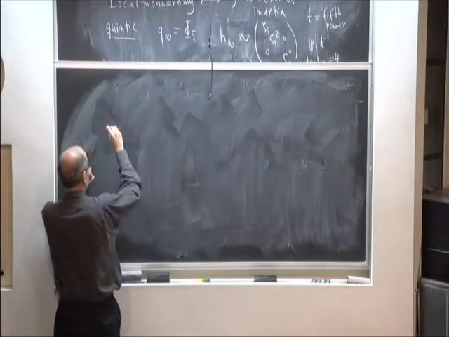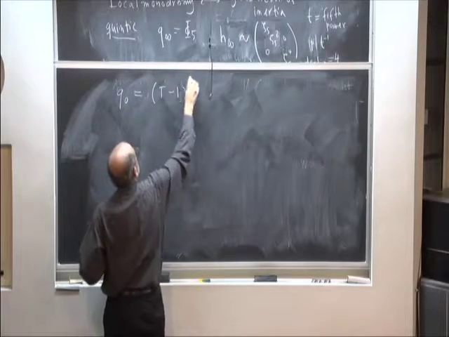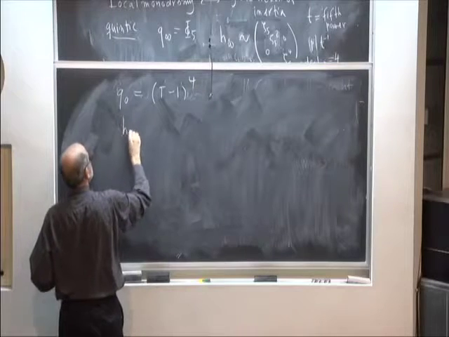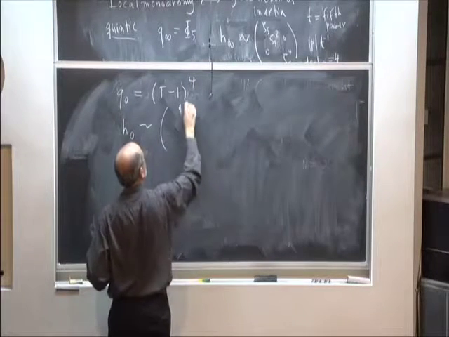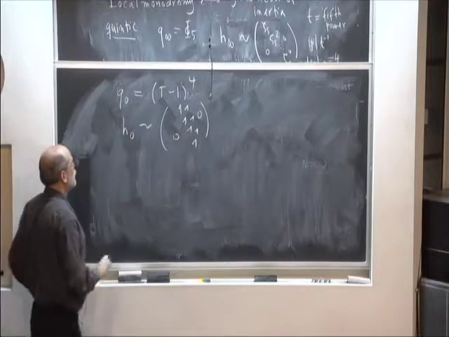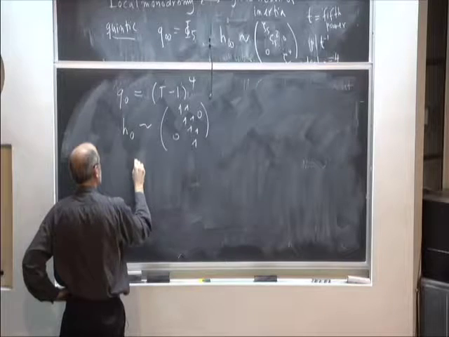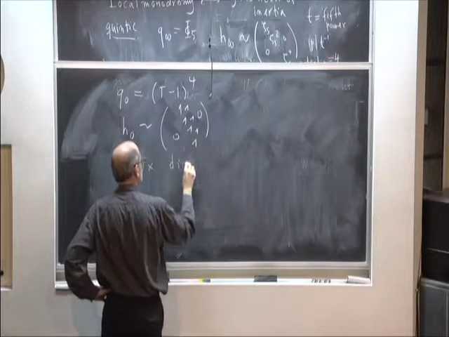So again, continue with the quintic. Q0 is t minus 1 to the fourth. So that means that the H0 is conjugate to a full Jordan block. And so here, the fix of this has dimension 1.